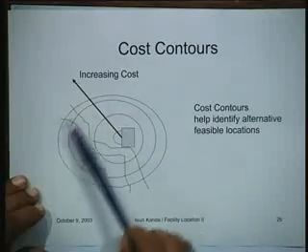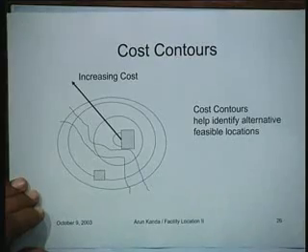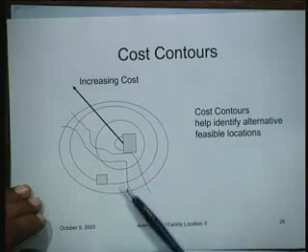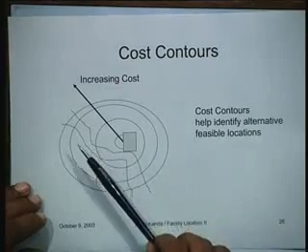On a geographical map, you have lines of constant height. Similarly, you have lines of constant cost, and this mapping, once it is done, would give you ideas as to which side you should shift, where the cost is lesser, where the cost is more, and there are procedures to develop the cost contours, and in fact in the tutorial exercises you will have an opportunity to develop these cost contours.